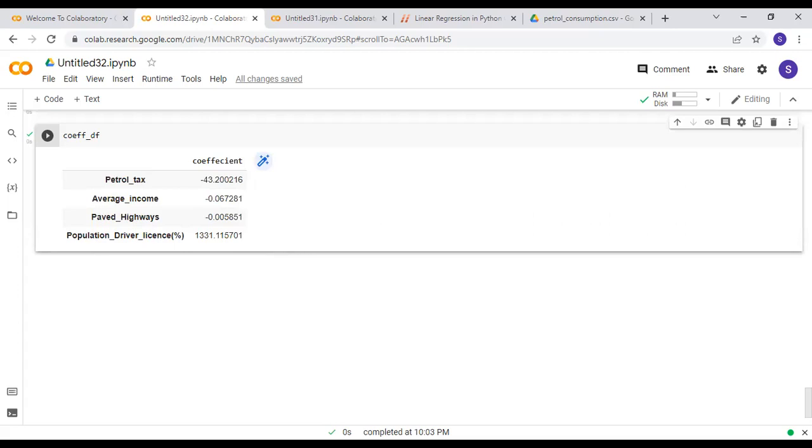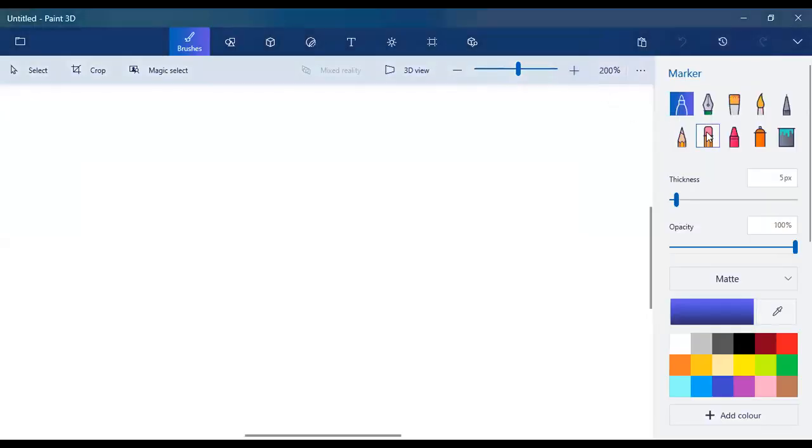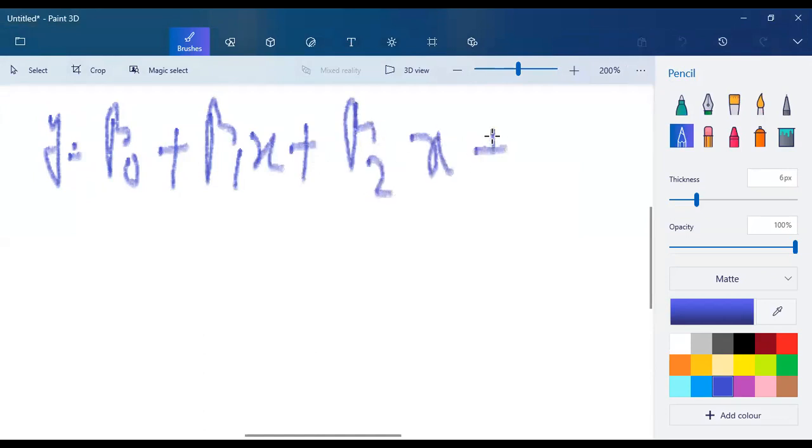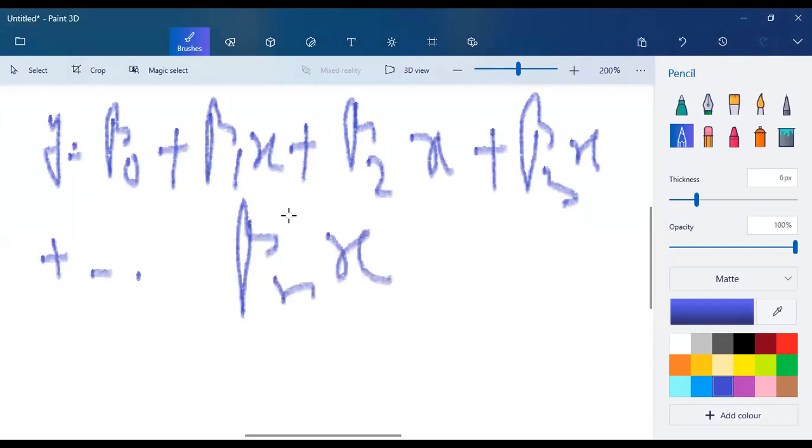That is, I am getting the values of y is equal to beta naught plus beta 1x plus beta 2x plus beta 3x plus dot dot dot up to beta nx.